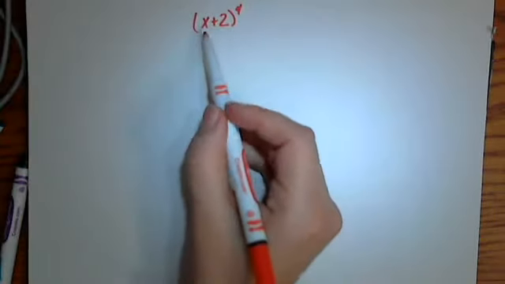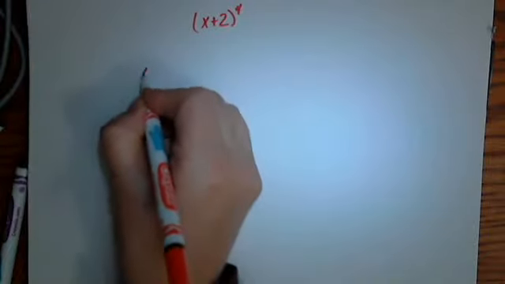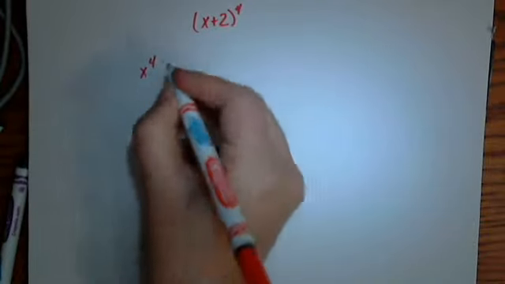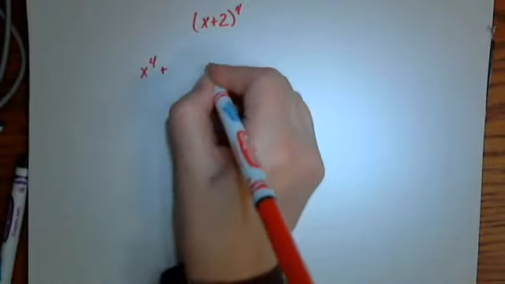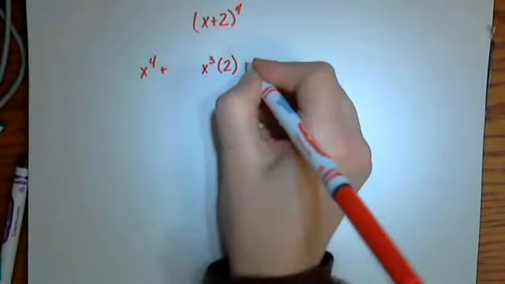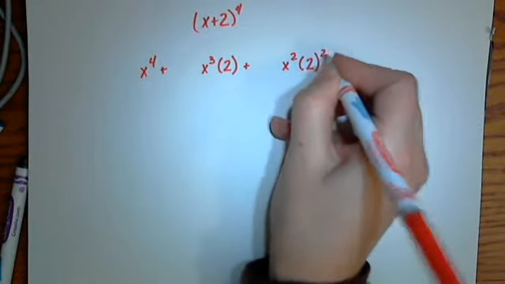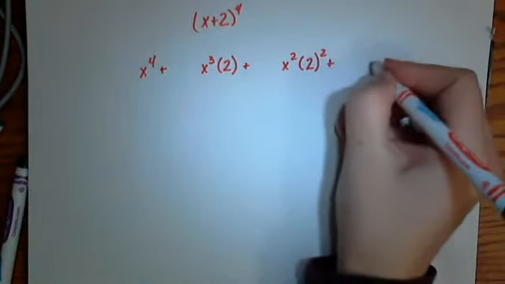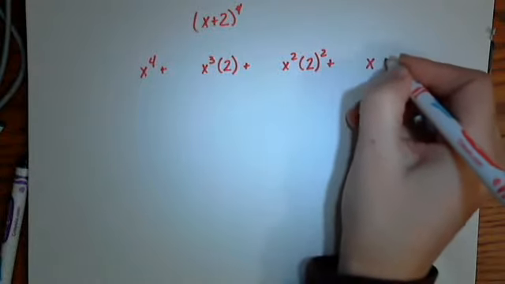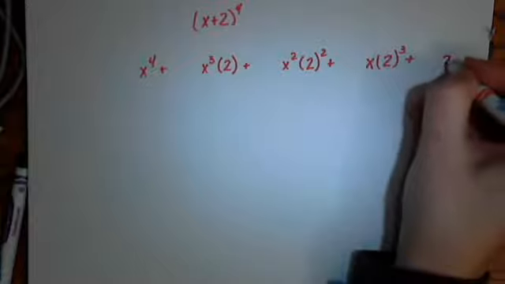So how do we do that? Let's think again. I know I'm going to have x and I'm going to have 2. So I'm going to have x to the 4th plus x cubed times 2 plus x squared times 2 squared plus x times 2 cubed plus 2 to the 4th.